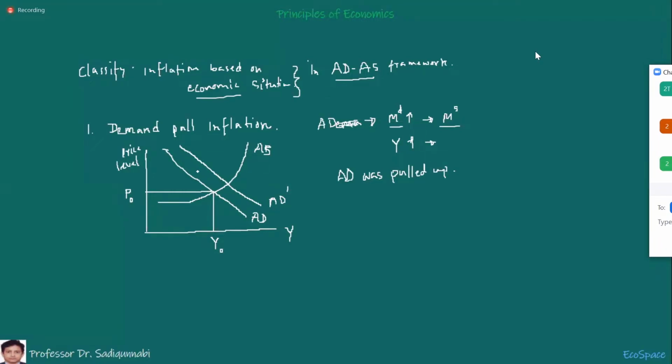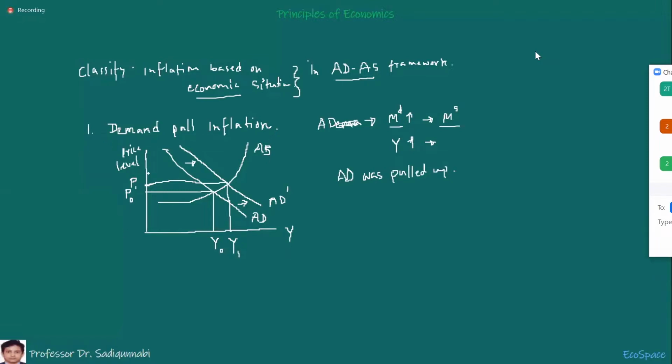So the purchasing power of consumers increases, so aggregate demand shifts forward. Then what happens? GDP grows, that means income grows to Y1, and price also grows to P1.